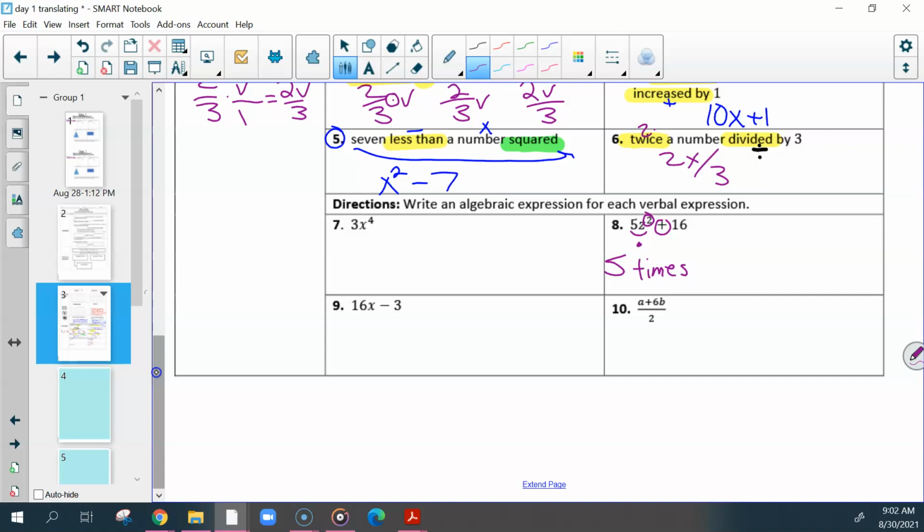You could also sometimes just write times z squared plus 16. That would probably be the shortest way to write it. Now, if you want to write this the long way too, you can, but don't feel like you have to.